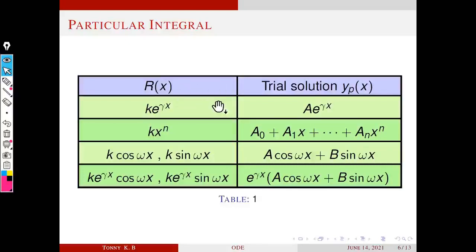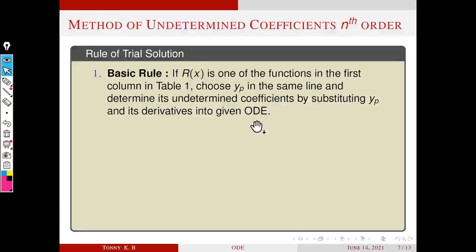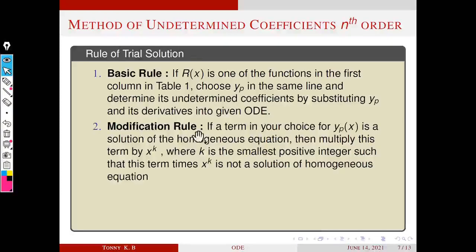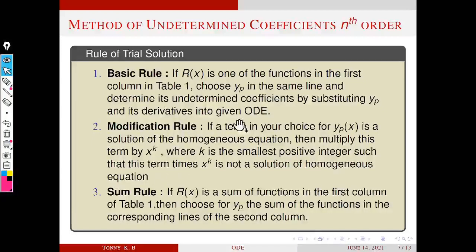In the case of nth order ODE, these trial solutions are the same. The basic rule and sum rule are both the same, and the only change is in the modification rule. This modification rule is a generalization of our previous modification rule for the second order case, so this is a more general modification rule.